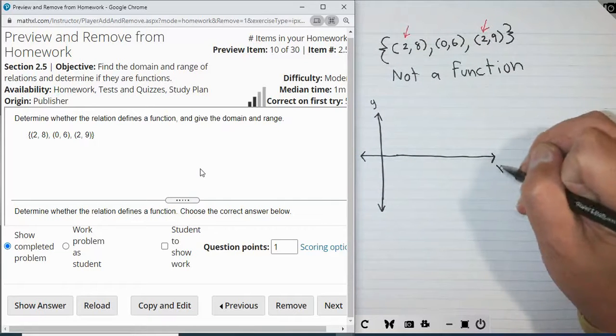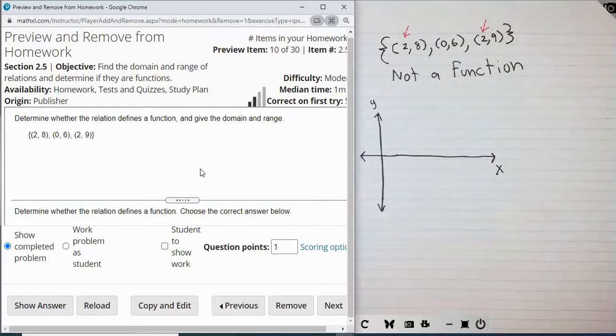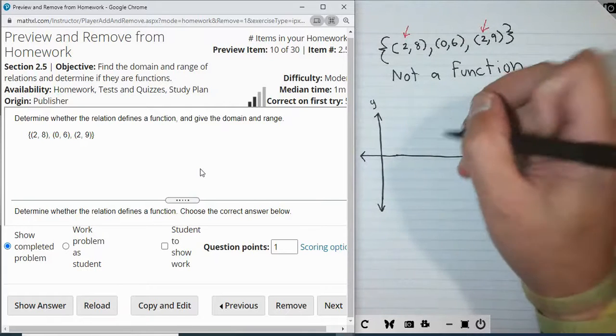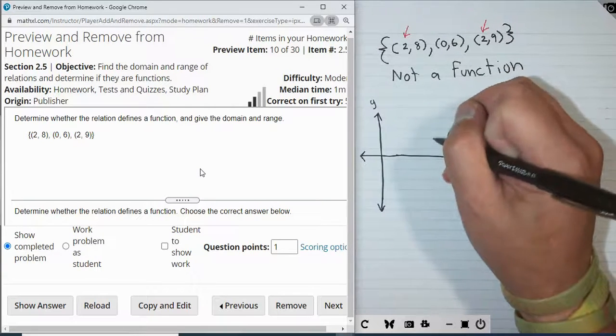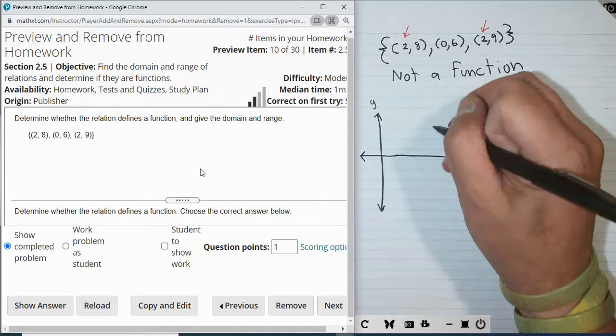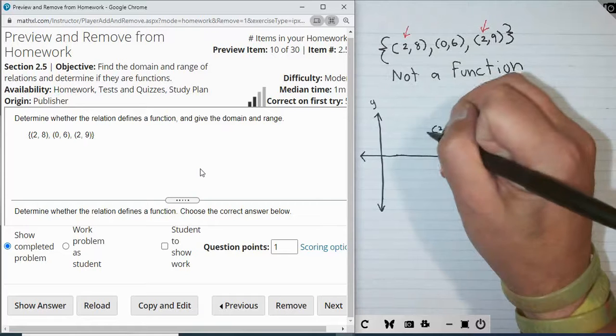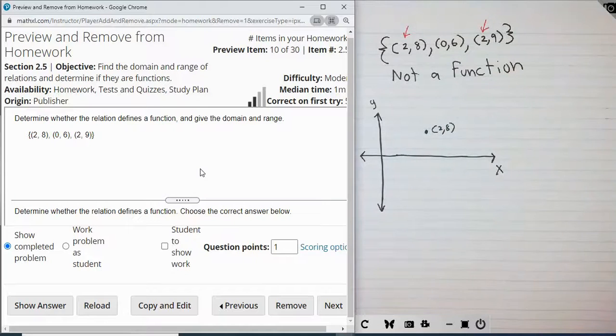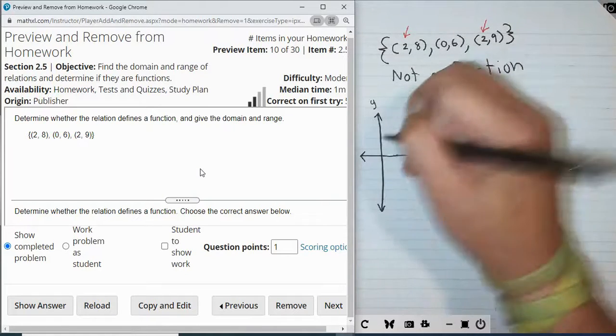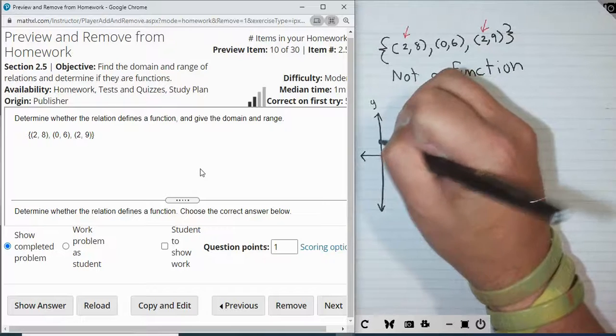That would be my y, and that would be my x. So let's graph these points. We have 2, 8, let's put that right there. And then we've got 0, 6, we'll put that right there.